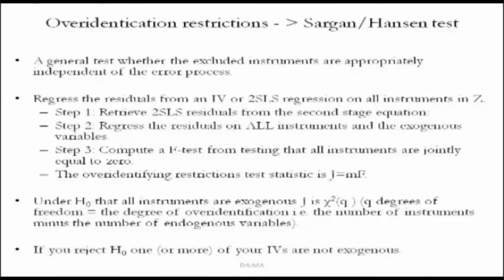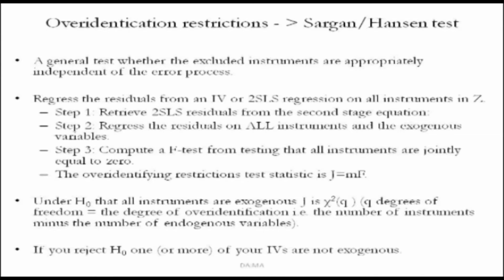And you would do this for every single IV because you cannot be sure for sure that any one of these IVs is a valid IV, and hence we are testing for the exogeneity of the others. So every time you take one IV as exogenous and test for the exogeneity of the other IVs, you do this as many times as you have IVs, and then take a joint statistic and test whether all IVs are exogenous or not based on this procedure. So let's see how it's done.